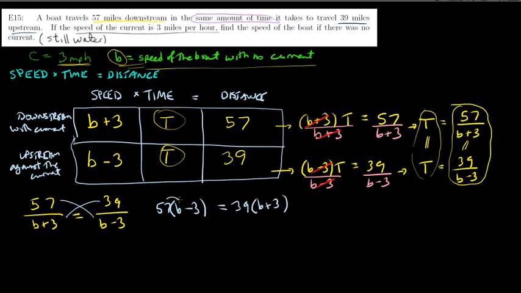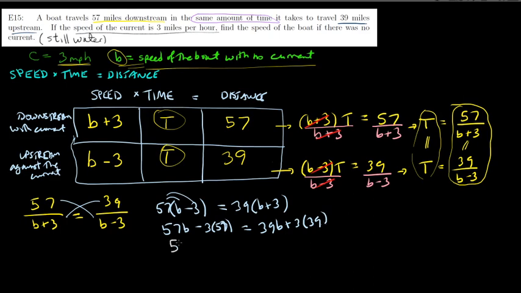Well, why don't we just distribute the 57 here. This is going to be 57 times b minus 3 times 57, and that has to equal 39 times b plus 3 times 39, or 39 times 3, same thing. Okay, so 57 times 3 is 171.